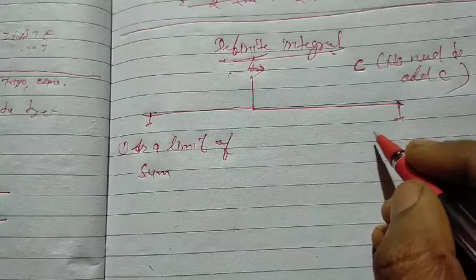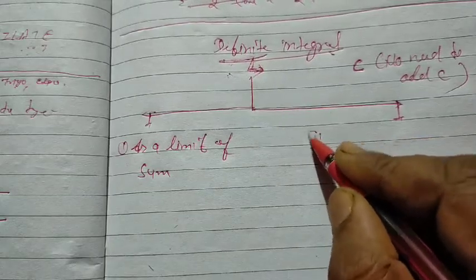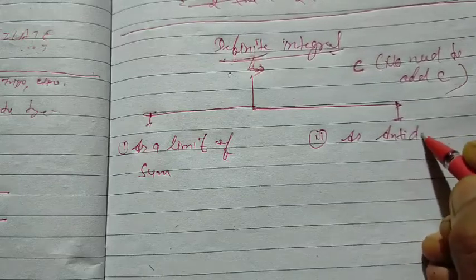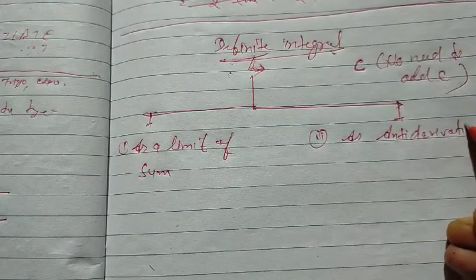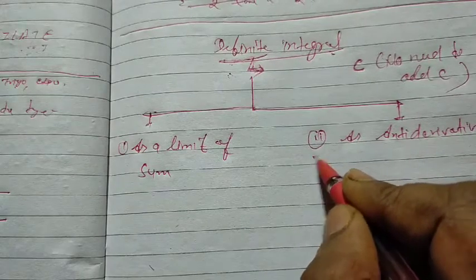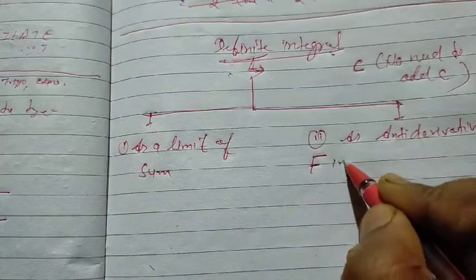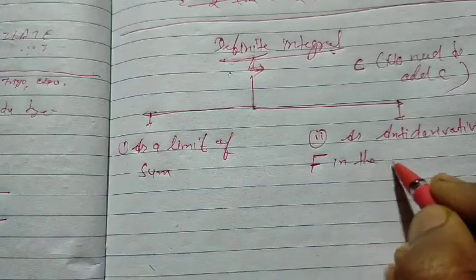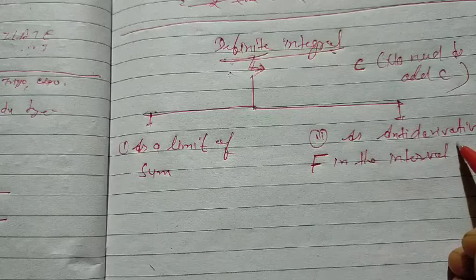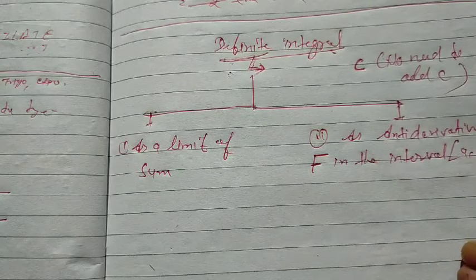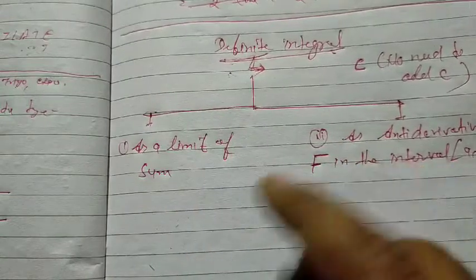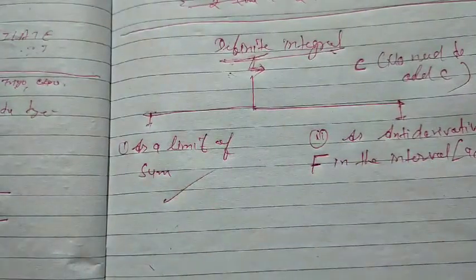And second one as antiderivative, capital F, in the interval a comma b. So one by one we will see. Today we will see this as a limit of sum.